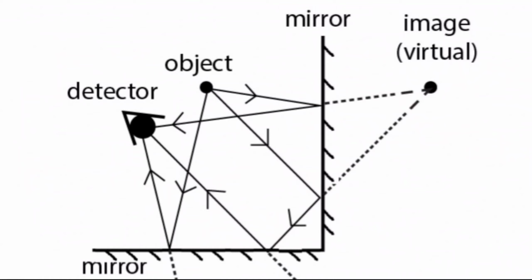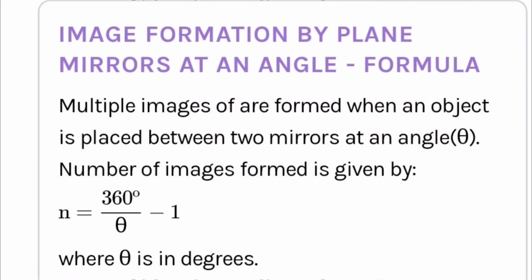This is the measurement of the angle, which is denoted by theta. Keep in mind, this is called theta. The number of images formed, small n, equals 360 degrees by theta minus 1. This is the formula. Here, theta is the angle between the two mirrors.